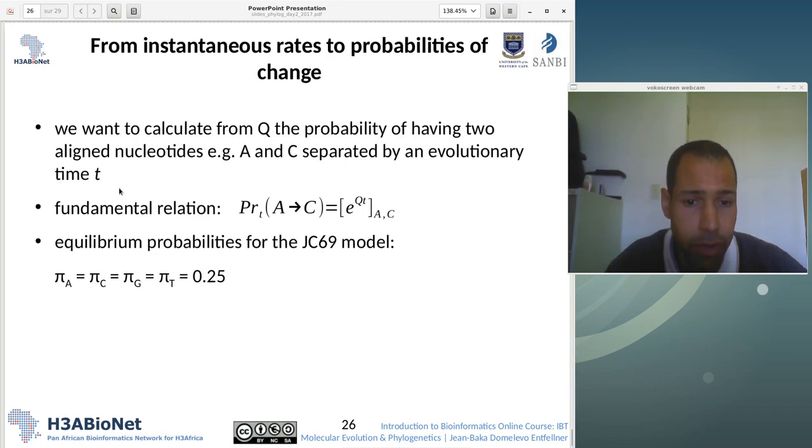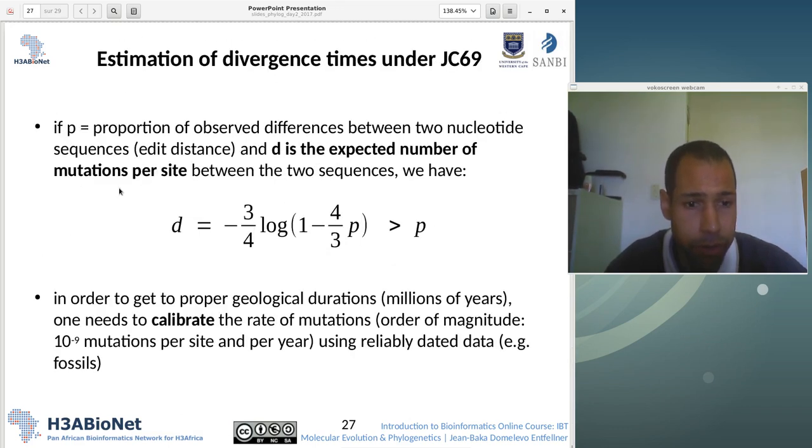So now, thanks to our model, we can calculate things a bit more accurately, and we find this.